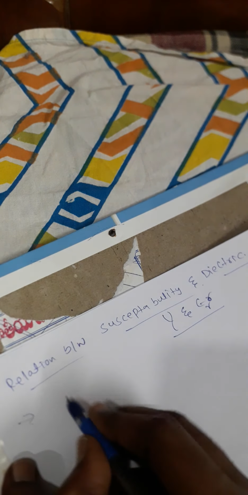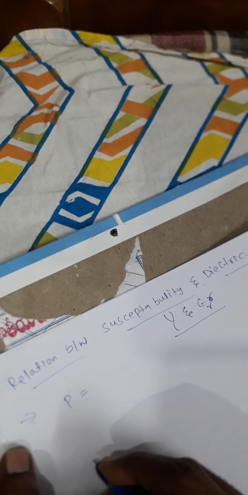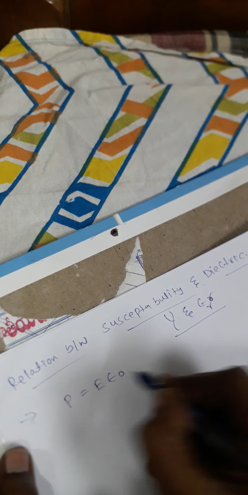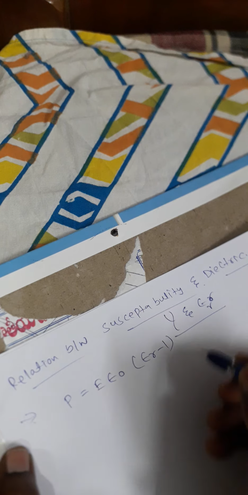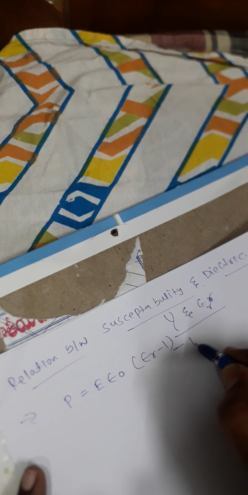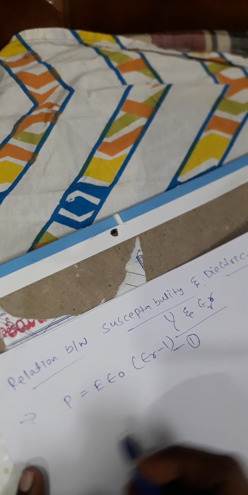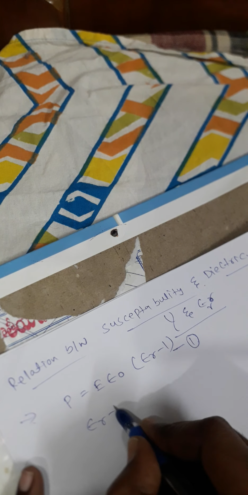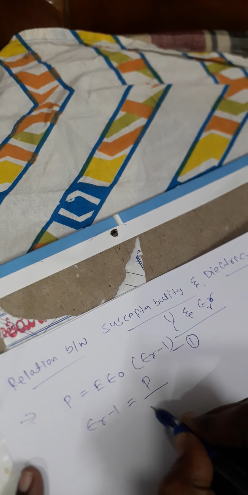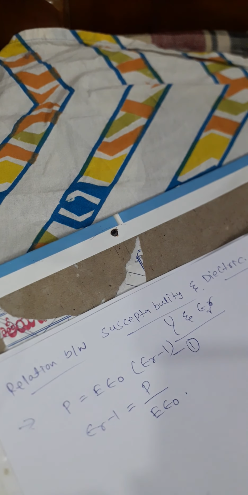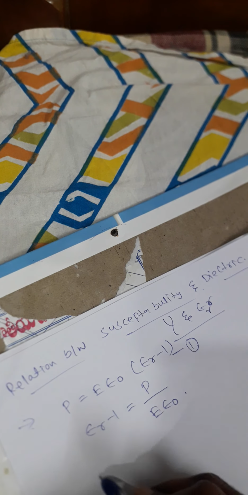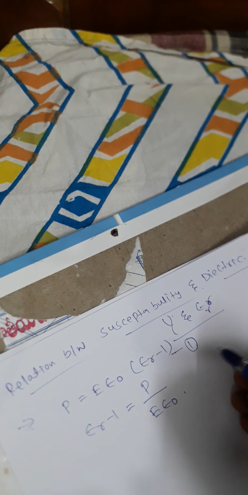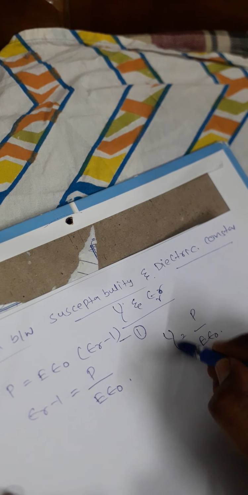Already we know the relation between P and epsilon r: P equals E into epsilon naught into epsilon r minus 1. From this equation, epsilon r minus 1 equals P by E into epsilon naught. And susceptibility Xi is equal to P by E into epsilon naught, as already discussed previously.